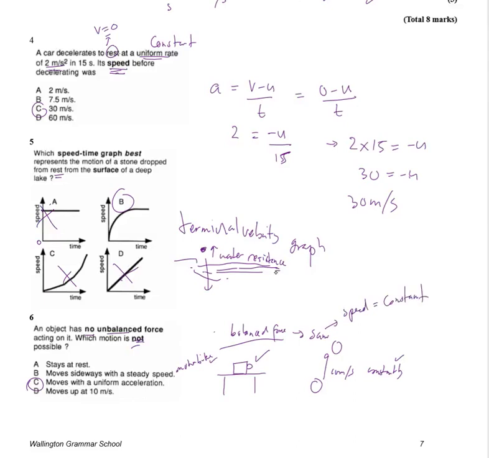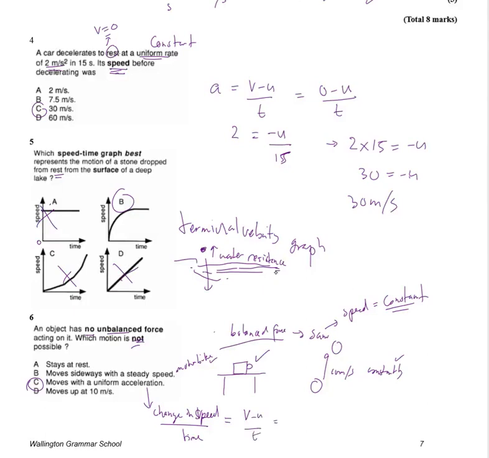Now acceleration, if you remember, is the change in speed or velocity over time. If speed is the same, then there's no change in speed. So for example, final velocity take away initial velocity divided by time.